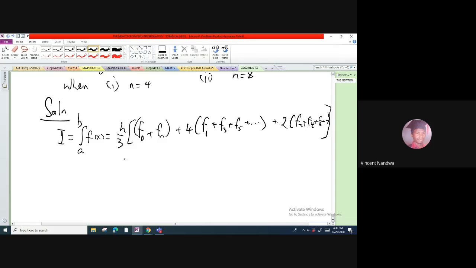So when n equals 4, we mean that (1 minus 0) over 4 becomes the h. So h will be 1 over 4.